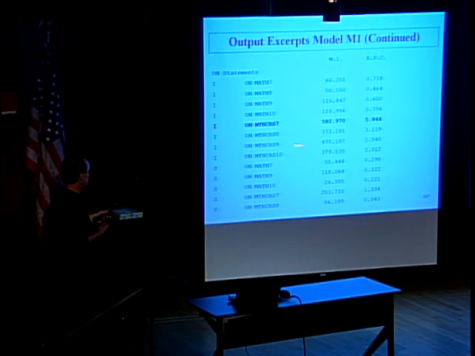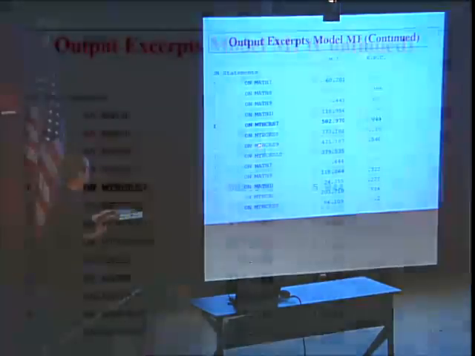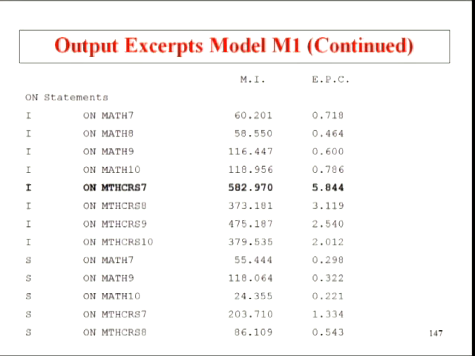I on Math Course 9 is pretty big as well, but to me it doesn't make sense. I is defined at grade 7. It shouldn't be influenced by something happening in grade 9. And by the way, once we have freed this, you should rerun the model with that free, and then maybe this is ignorable. Exactly. It can change drastically. But you have to exclude those that don't make absolutely good sense to you. It has to be very interpretable.